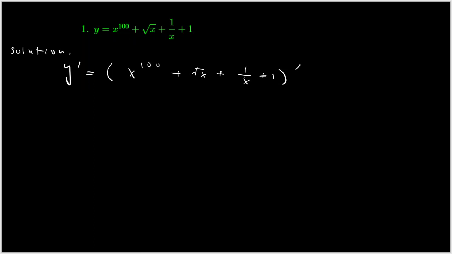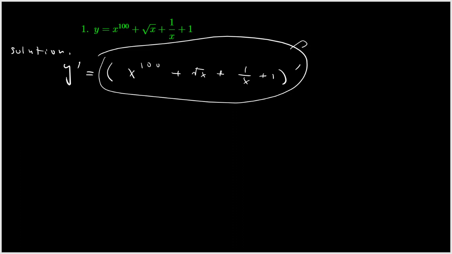You do need the prime notation if you want to copy the question, or you could even remove that step by looking at the original function. But here you do need to write y prime to mean we're trying to get the derivative of y.